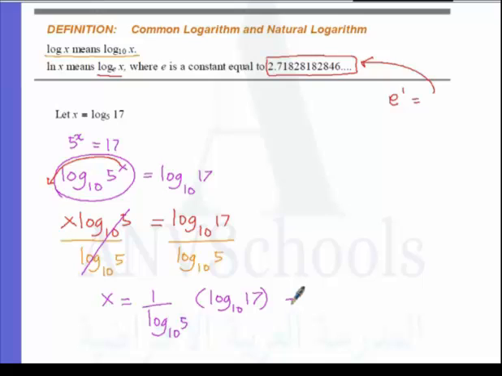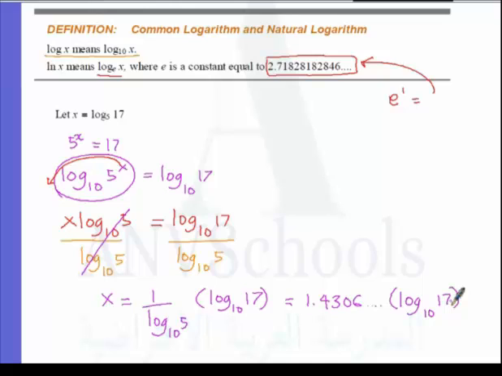And this will give me 1.4306 times log 10 of the argument 17. So you could see that the base 5 logarithm of a number has its corresponding base 10 logarithm on your calculator divided by the base 10 logarithm of 5.